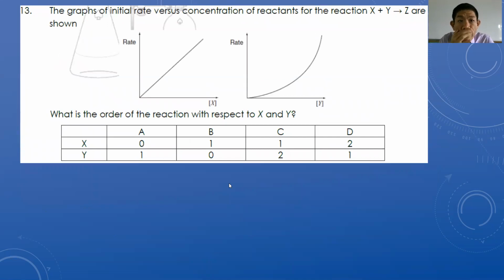Number 13, graphs of initial rate versus concentration of X plus Y gives Z are shown below. You have rate against concentration of X, and rate against concentration of Y. You use the rate equation.